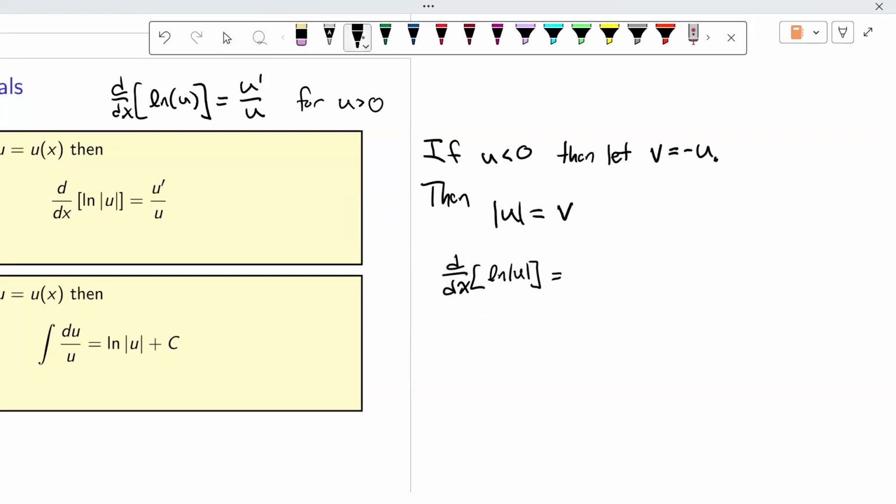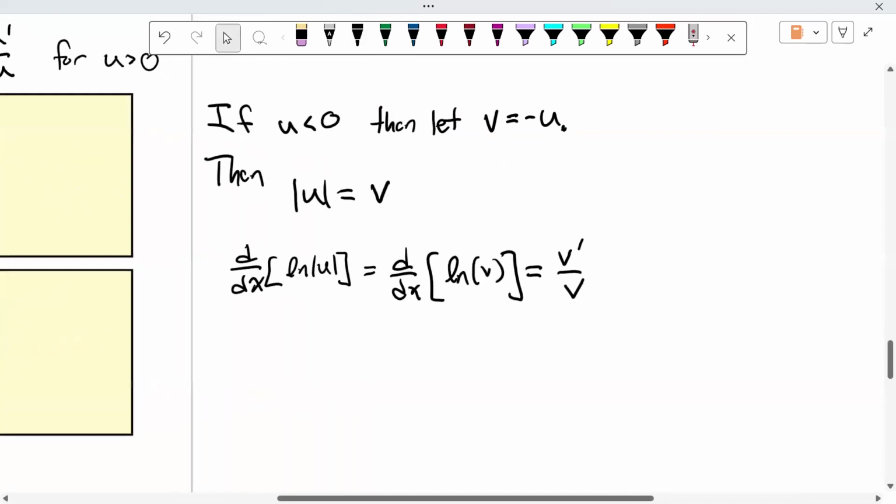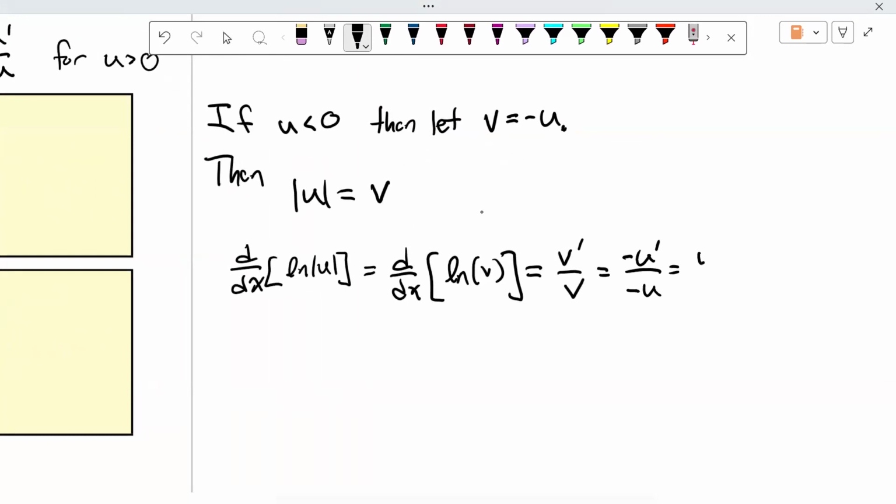Well, that's the same as asking what's the derivative of natural log of v? And we know what that is. That's v prime over v. And what is v? Well, v is negative u. So this would be negative u prime over negative u, and the negatives cancel out. Bam. Okay, so that's why the absolute value works.